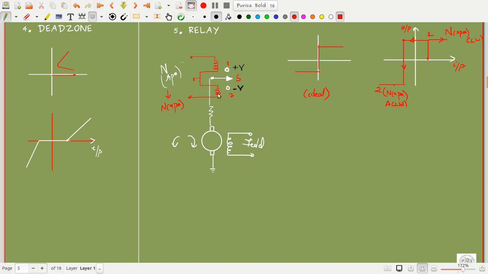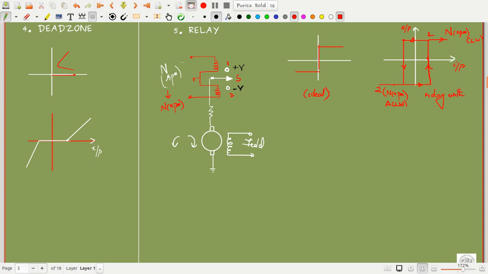Again it has to de-energize in the opposite direction and then energize in this direction for the relay to activate and then move to position 1. So it takes some time to move to position 1. So in fact, this is a relay with pure hysteresis. Okay, this is an ideal relay. This is in fact a relay with pure hysteresis.